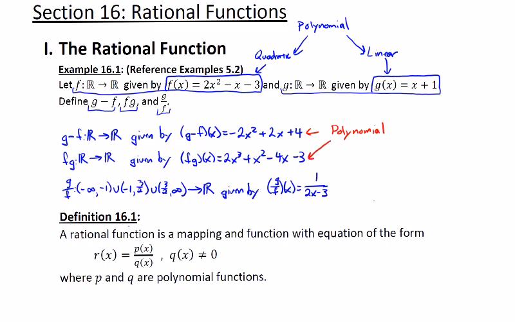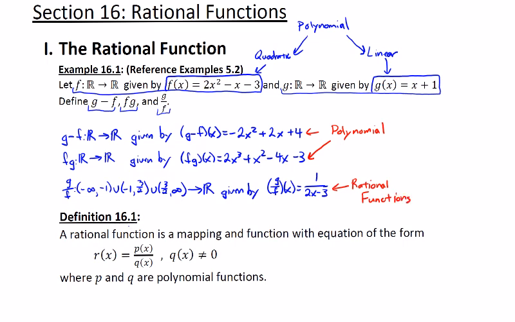It's a degree 3 polynomial now, but it is still a polynomial. But with division, you are going to create something that does not look like a polynomial anymore. This looks like a ratio. Hence, we're talking about rational functions.